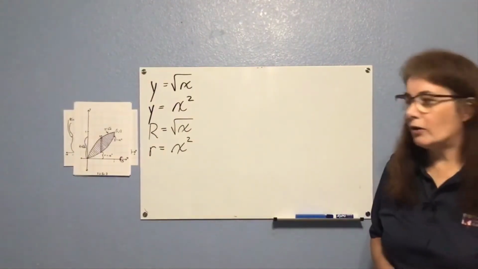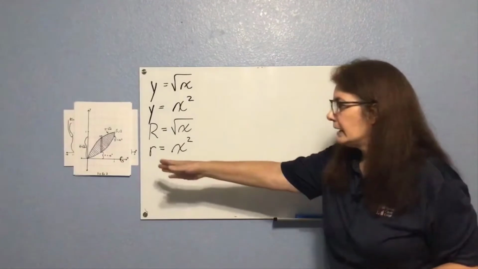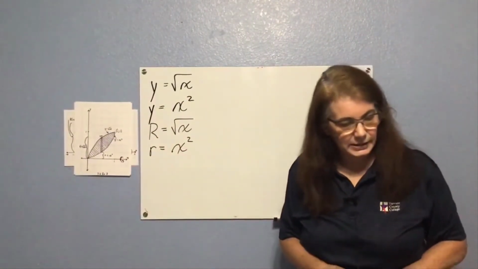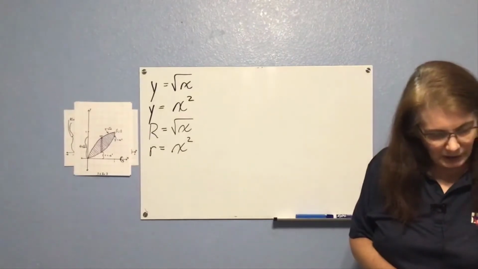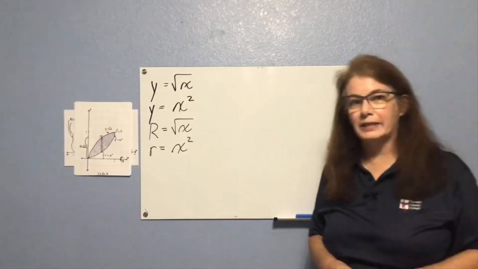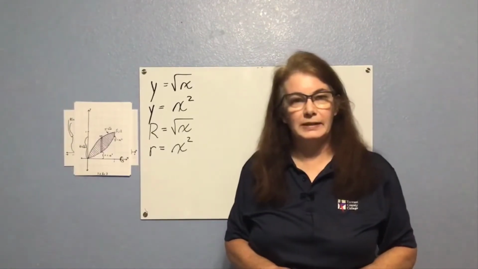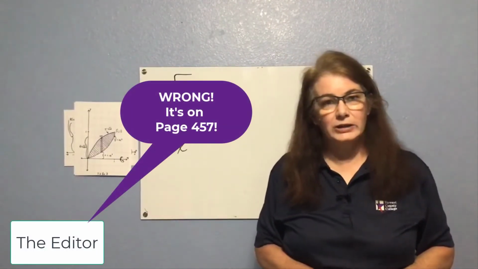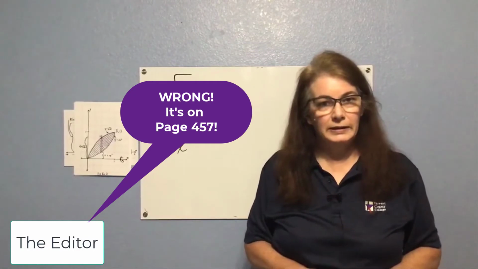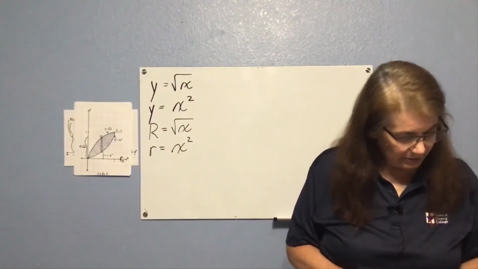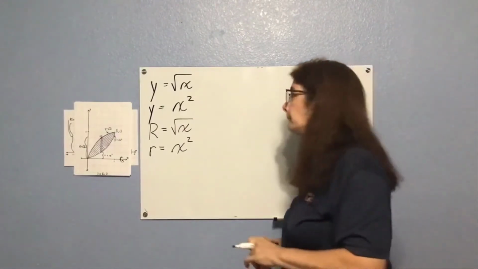Our cross section, when we cut this, is going to now look more like a washer than an actual disc. So we call this the washer method. There is an equation on page 357 that you should add to your reference booklet for the washer method. Let's continue now and solve this problem.